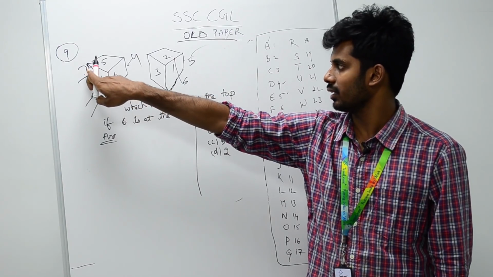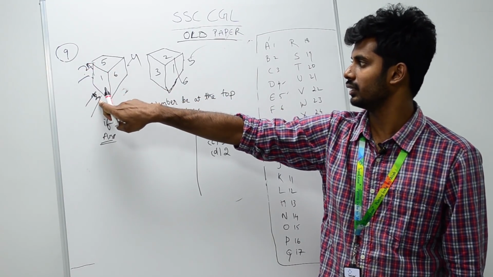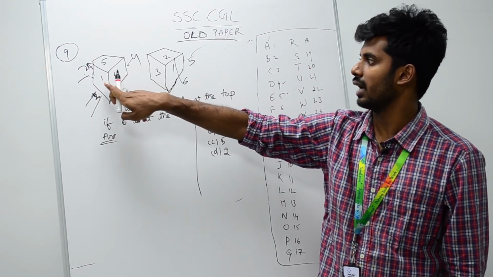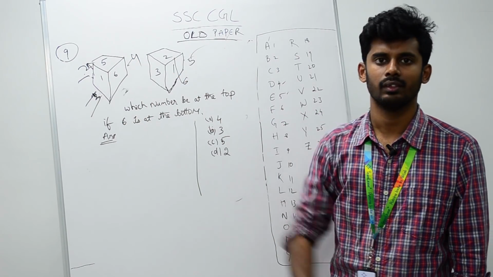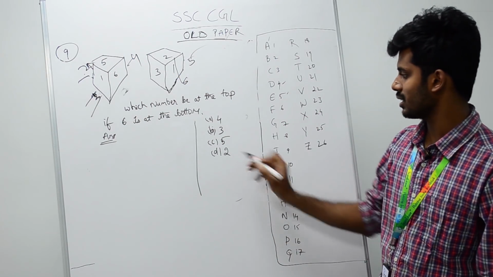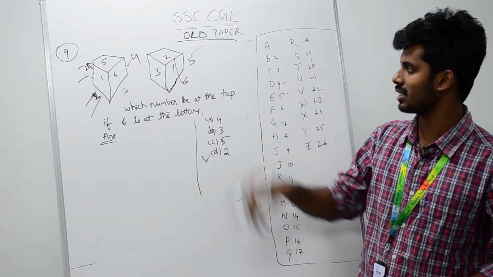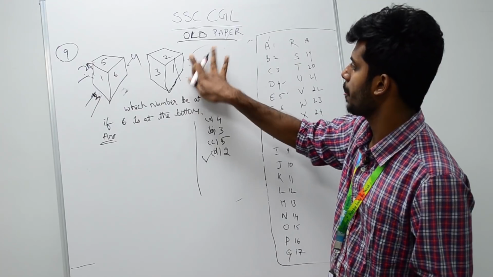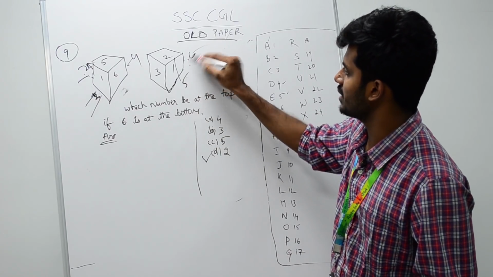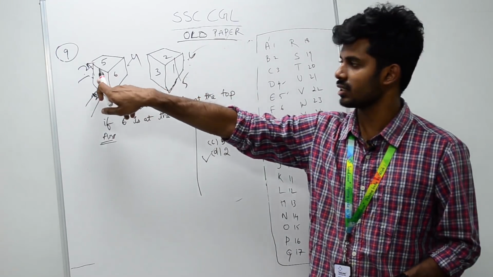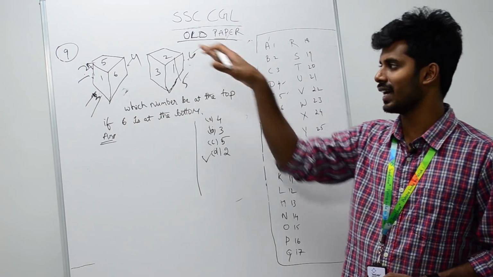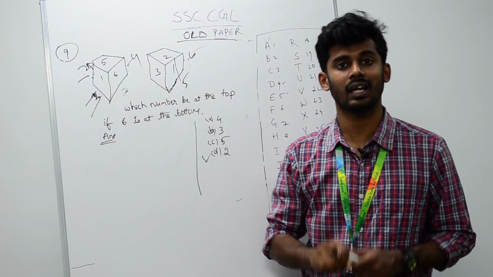The numbers are here 2, here 3, 6, and one opposite is 4 and 5. That is done. So answer is D, 2. Even if you have another pattern, consider 5 and 6 here, it will not match the whole criteria. So when you are solving dice problems, you also have to go by trial and error.